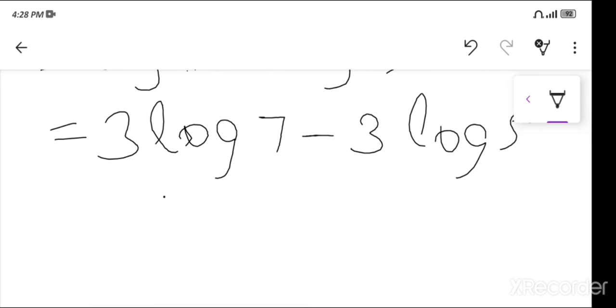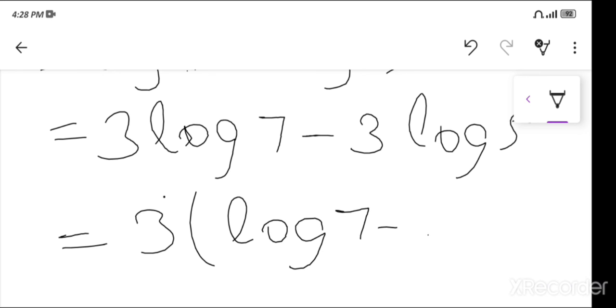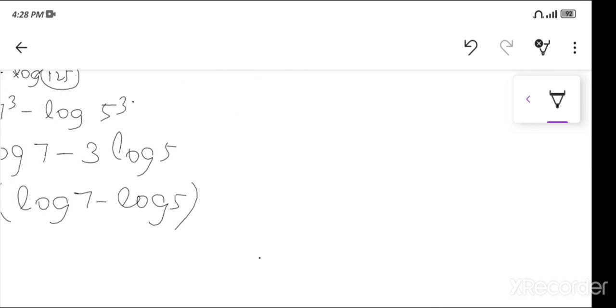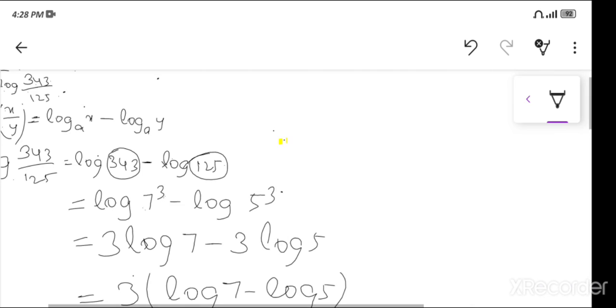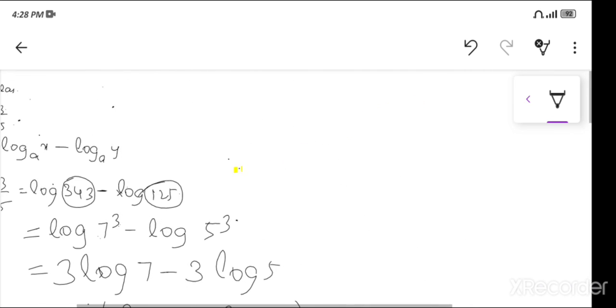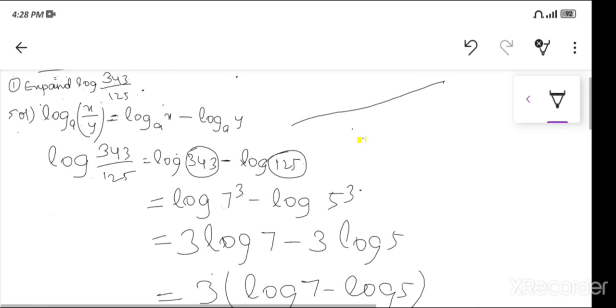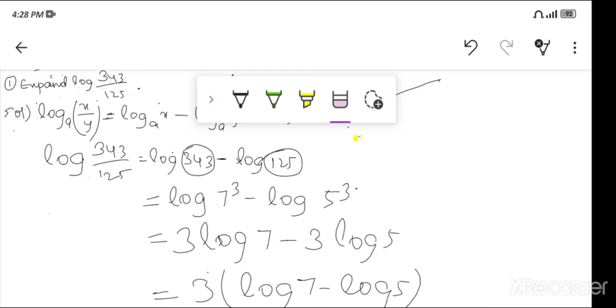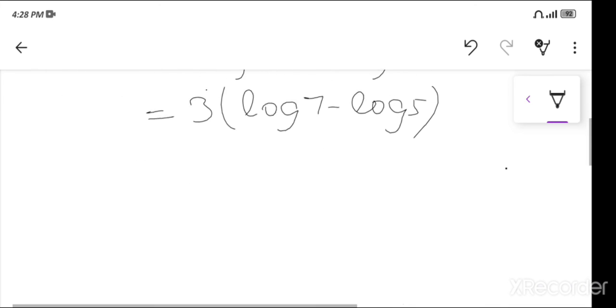Or else you can write it commonly as 3 into log 7 minus log 5. So that's the final answer. You guys are going to get it. Alright, now let's go into the next sum.